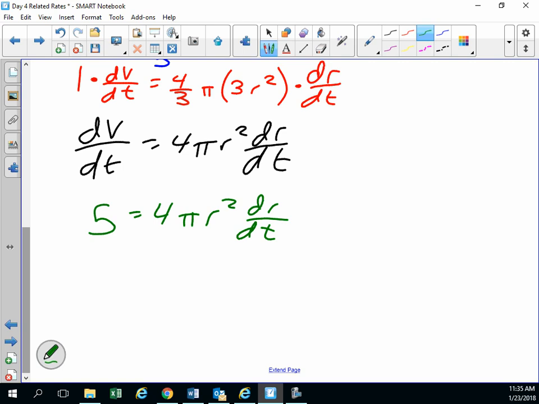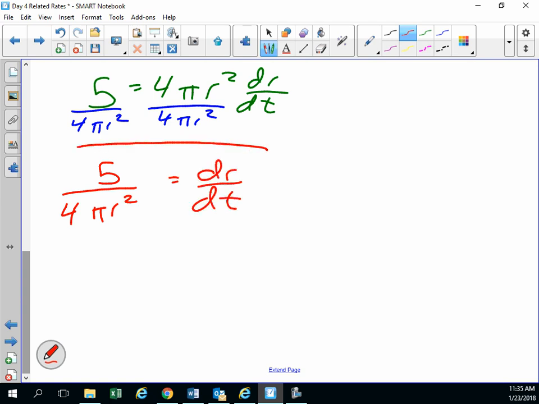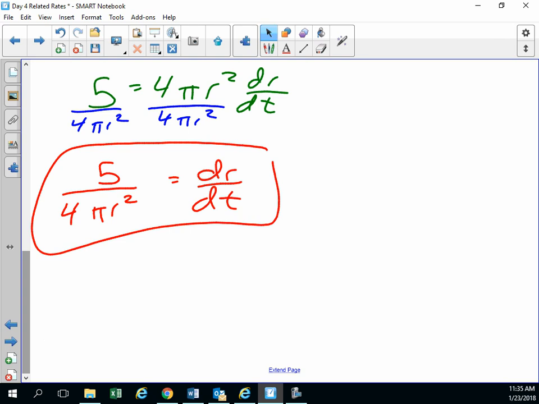How? So dr dt is going to be 5 over 4 pi r squared. But the question is, do you know what r is?